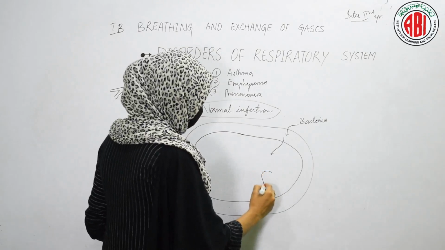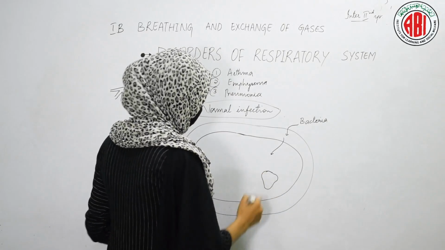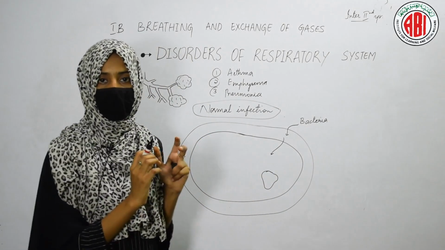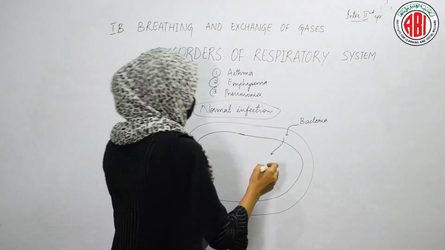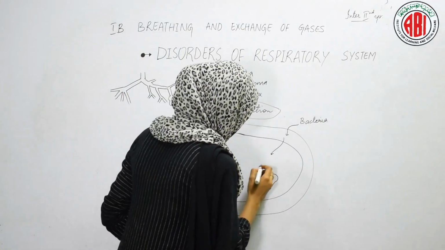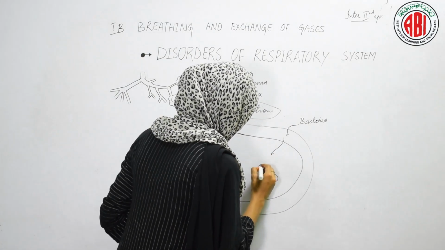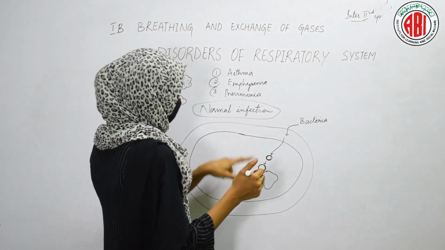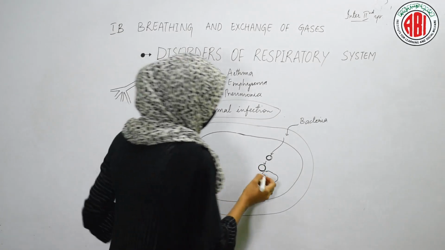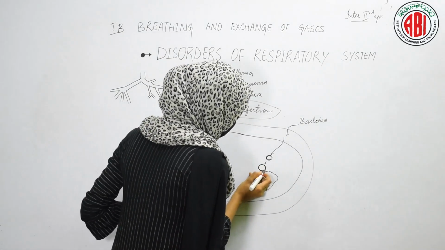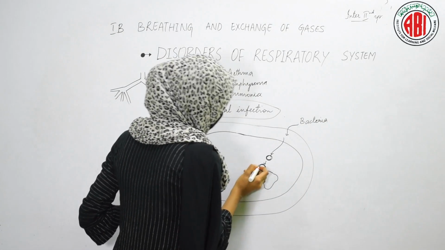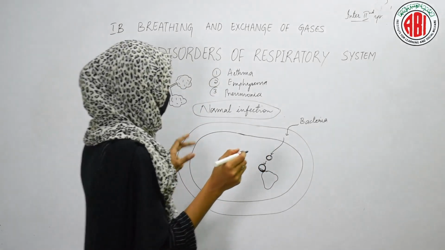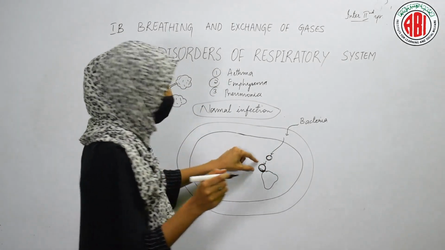When it reaches the mast cell of any organ, mast cells are also a kind of cell. So when the bacteria reaches the mast cell, for example this one is our bacteria, and when it sits on the mast cell for damaging it or for its own purpose, then what happens?